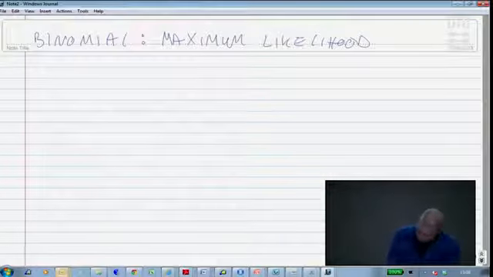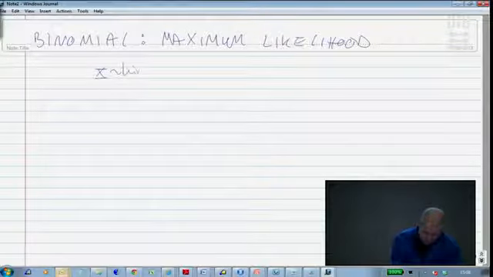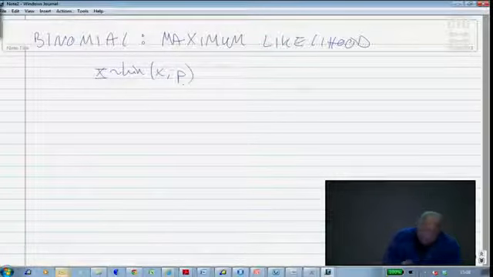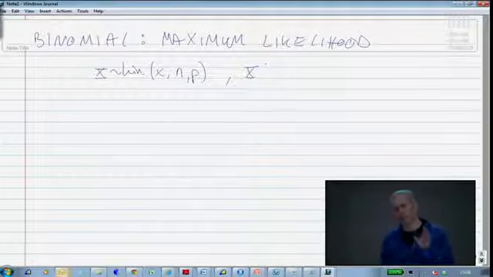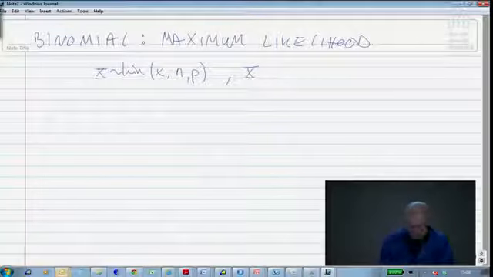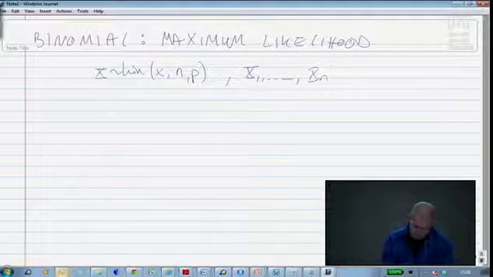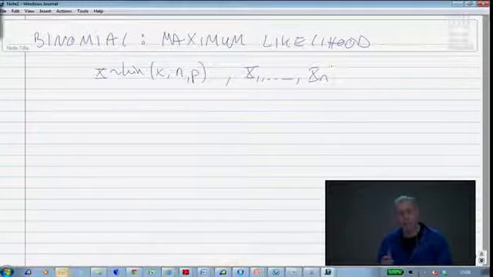For instance, the binomial. So let us assume that we have something which is binomially distributed like this, with n and p. We could also see it differently. When we have something which is binomial with n, we could see it as having n individual coin throws.